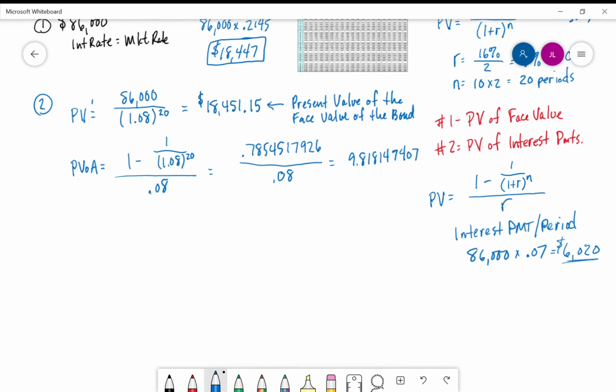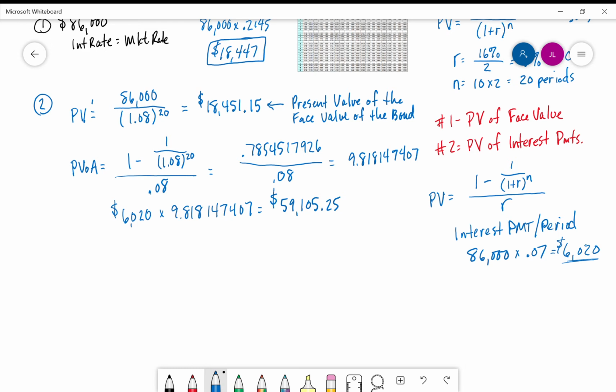So when we look at this, we will have $6,020. We're going to multiply that by our 9.818147407, and what we'll get is $59,105.25.